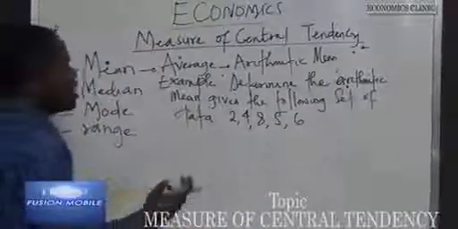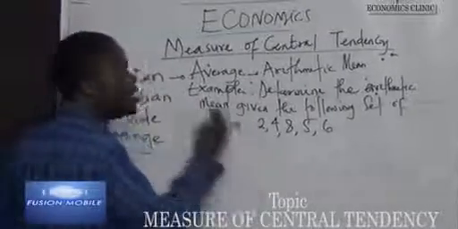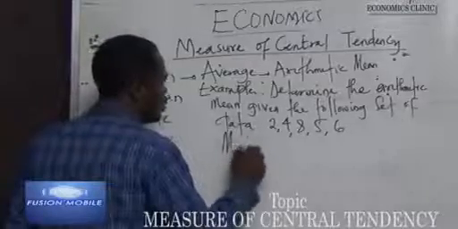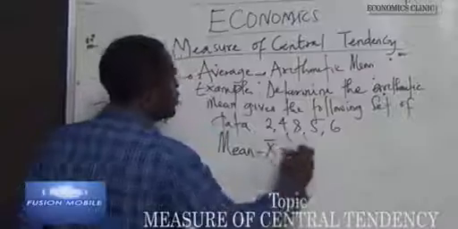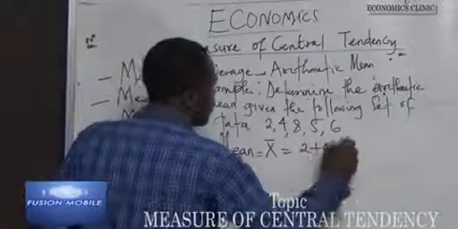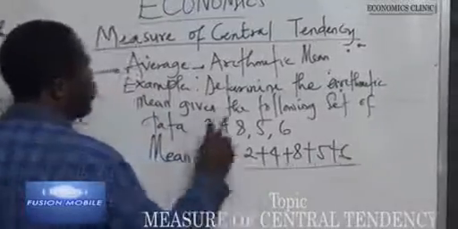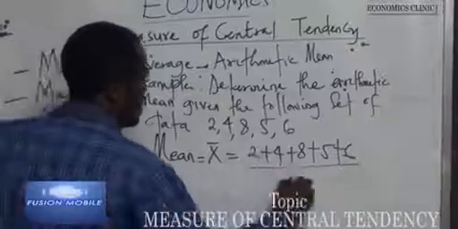So what we do is add all these values together and divide by the number of times each value appears. So we have mean equals 2 plus 4 plus 8 plus 5 plus 6, divided by the number of times it appears, 1, 2, 3, 4, 5, divided by 5.